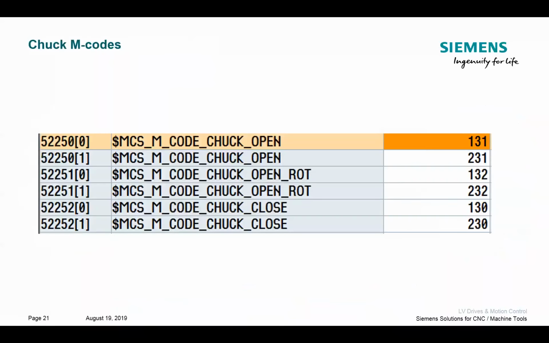Okay, now what do I have to know about this machine specifically when I get to programming this in G code? Well, really the big unknown, generally speaking, is what M codes the OEM assigned to let me drive the chuck open and close. And I have a couple different conditions, right?